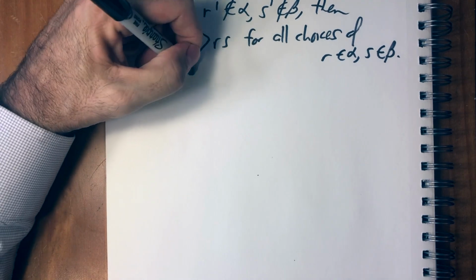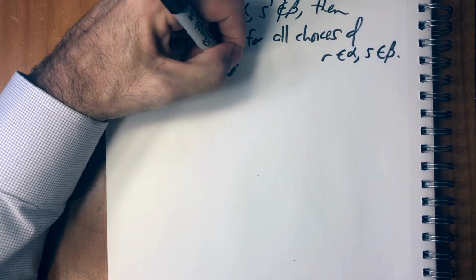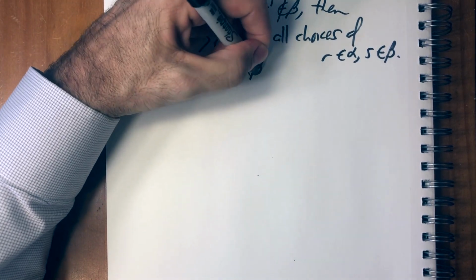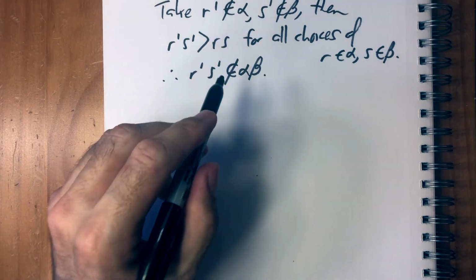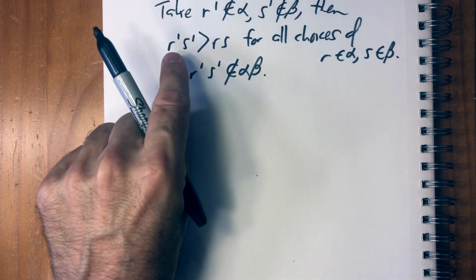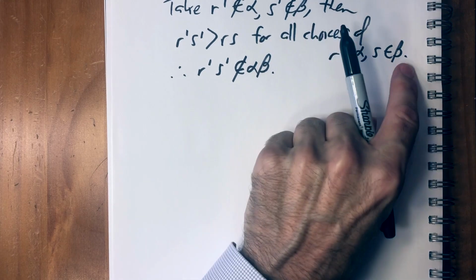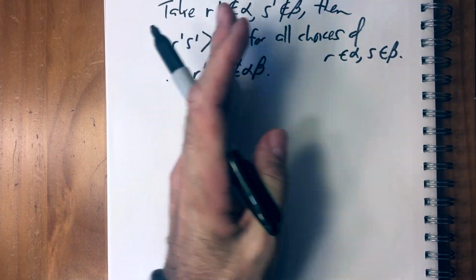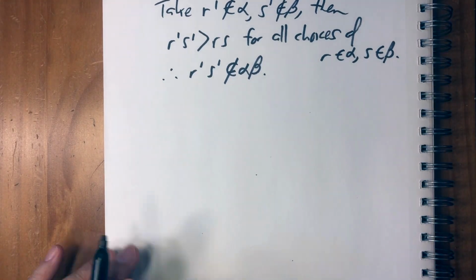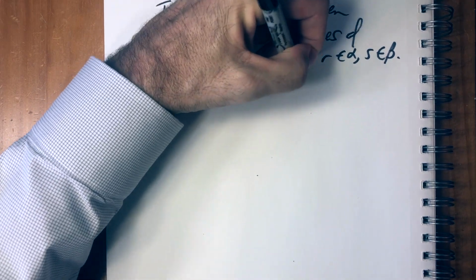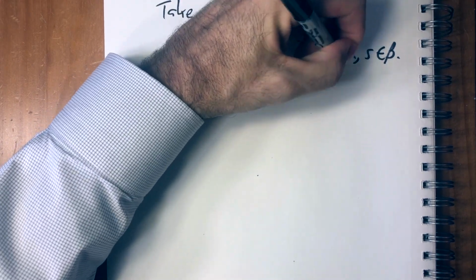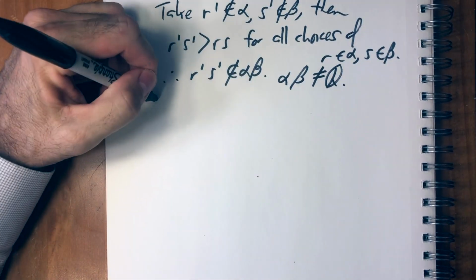Therefore, r prime s prime is not in alpha beta. So r prime s prime is not in alpha beta because it's bigger than rs for all choices of r in alpha and s in beta. So it's bigger than everything in alpha beta. So alpha beta does not equal all of Q. Okay.